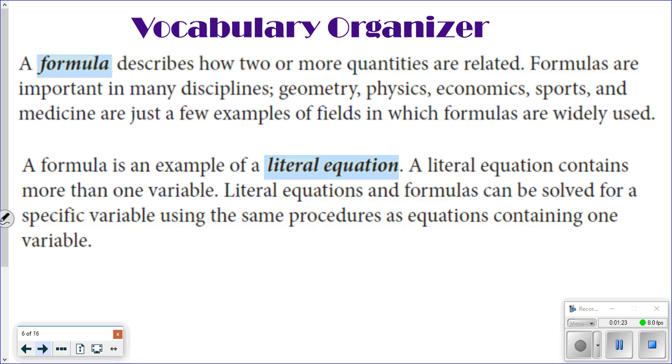A formula is a type of literal equation, but this is really important, you might want to underline this: a literal equation contains more than one variable. It can't just contain two x's. It has to include more than one type of variable. It could have an x and a y, or a g and an n, but it has to have more than one type of variable.